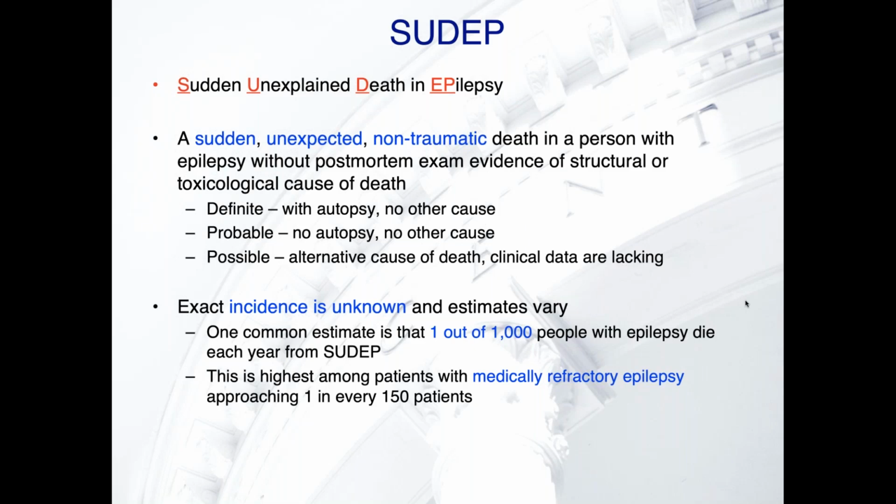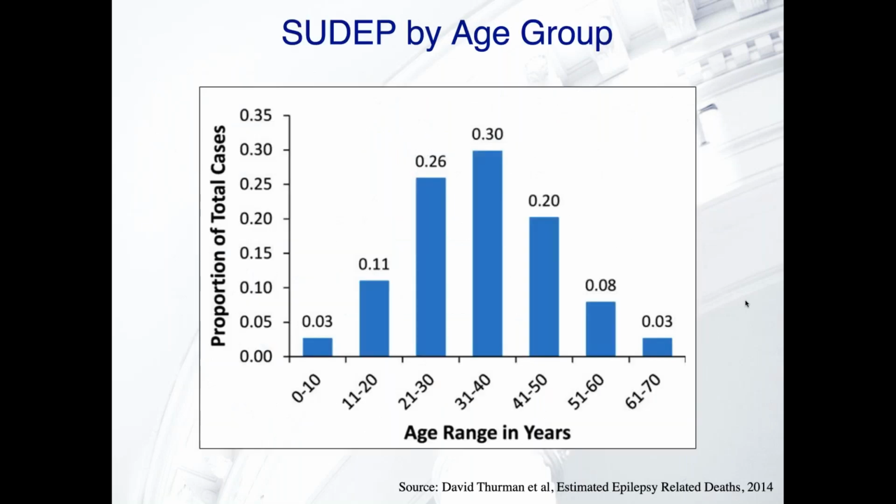Now, the risk is highest in patients who have medically refractory epilepsy, and in that group, the risk approaches 1 in 150. So that's a pretty significant number. If you look at SUDEP by age group, you'll see that it's relatively uncommon in children, but it starts to peak in adulthood and then kind of peters off as people get a little bit older. So really the prime years for SUDEP are going to be the years between about 20 and 50.